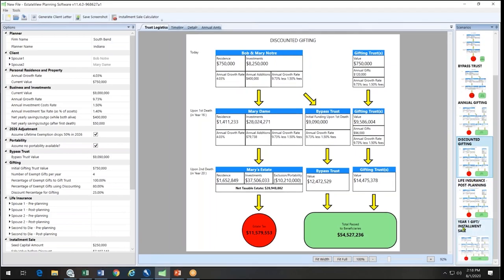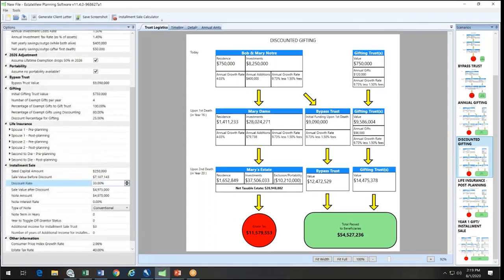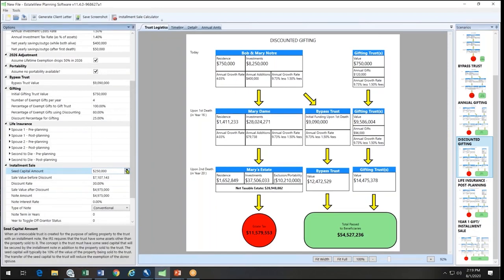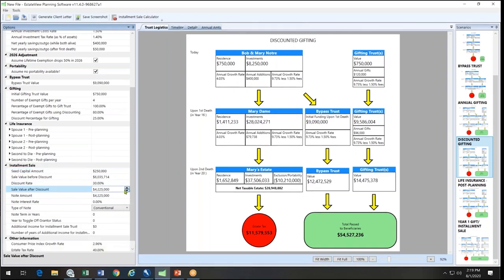But what about an installment sale now? That's what Jerry really has taught me as a very important lesson, the power of the installment sale to a defective grantor trust. So let's say that they put in a $250,000 seed capital gift, and they put $4,250,000 into an LLC, and they take a 30% discount.